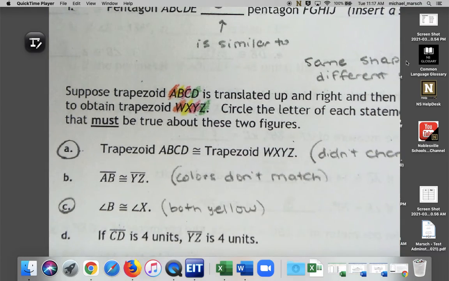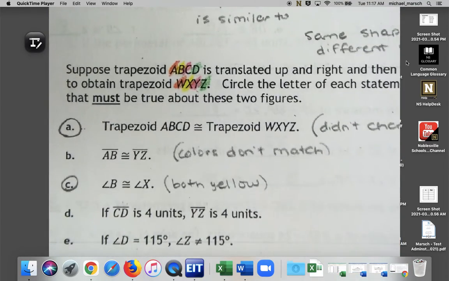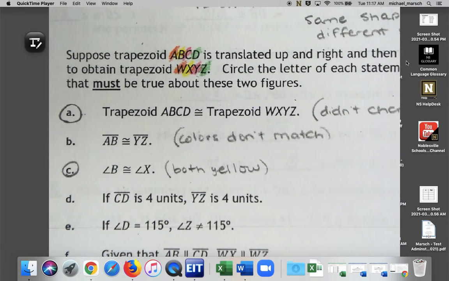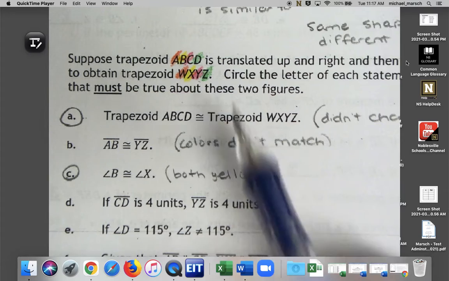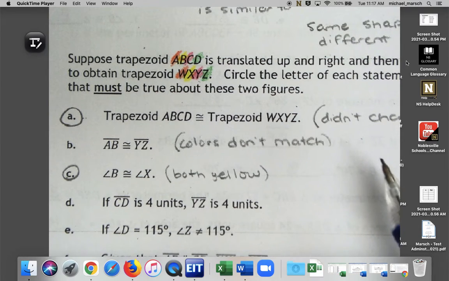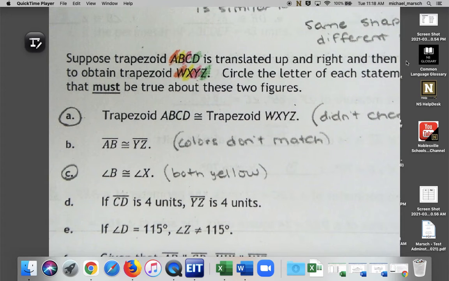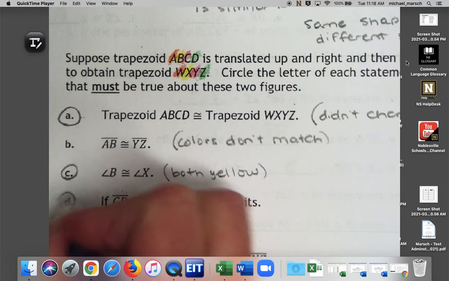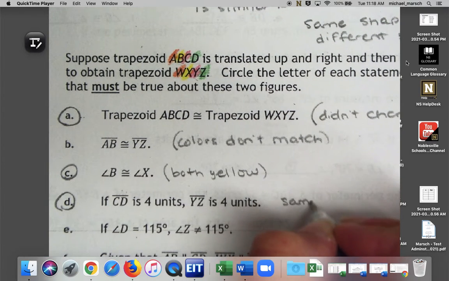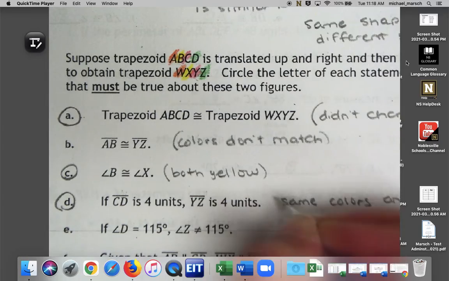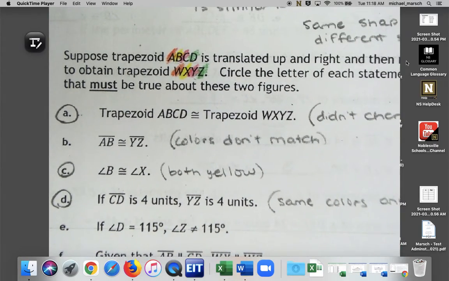So we're writing our little reminders and notes as to why we decided it was true or not. If CD is 4 units, then YZ is 4 units. True or false? True. Same colors and order.